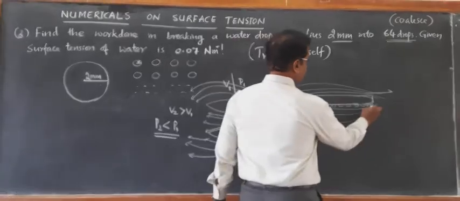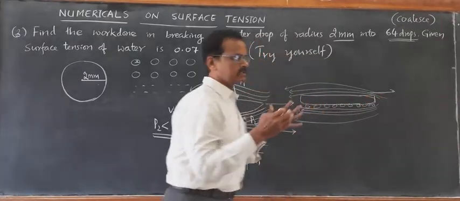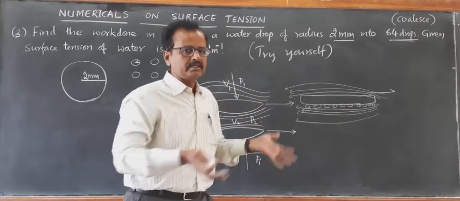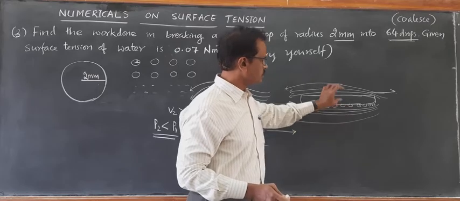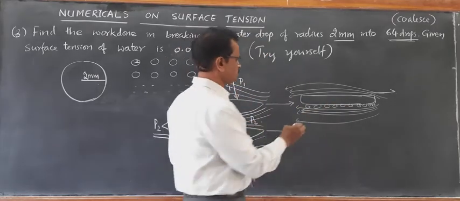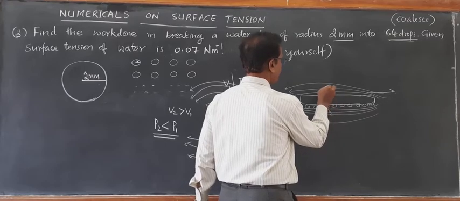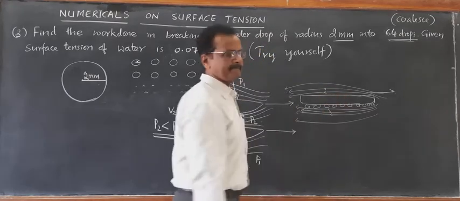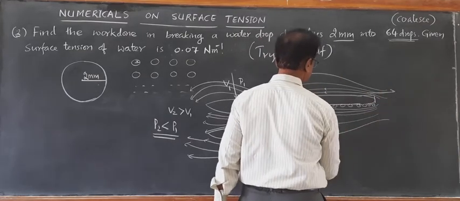Now the streamlines of air very close to the train, in the vicinity of the train, are very much closer. The crowding of streamlines surrounding the train is much more than the streamlines which are far.